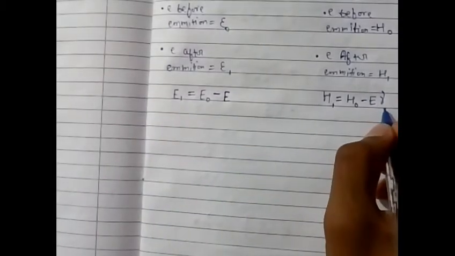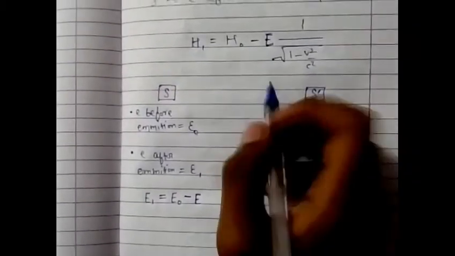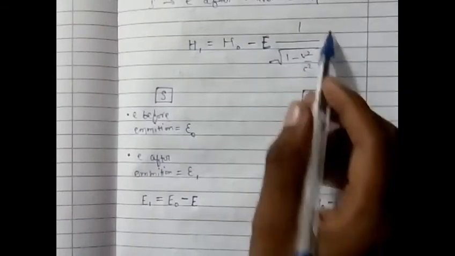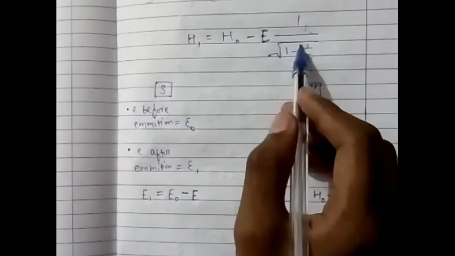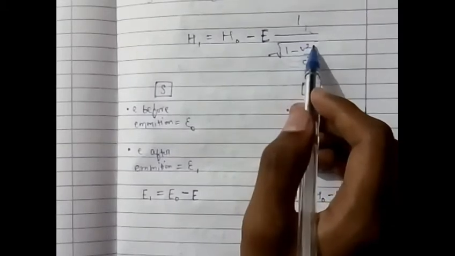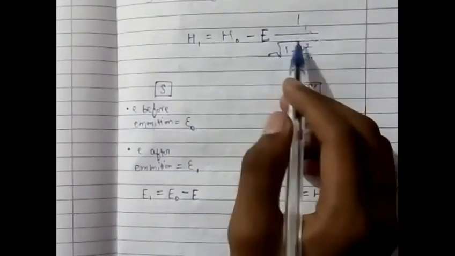Why gamma? Because according to this equation, we have 1 over under root 1 minus v square over c square, which is the Lorentz transformation factor that we call gamma, and just multiply it with the total energy.